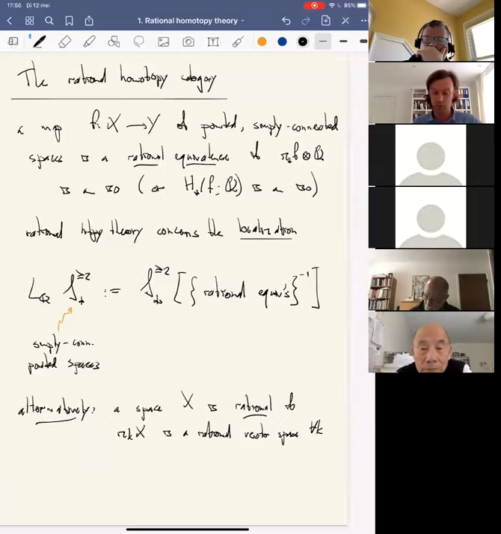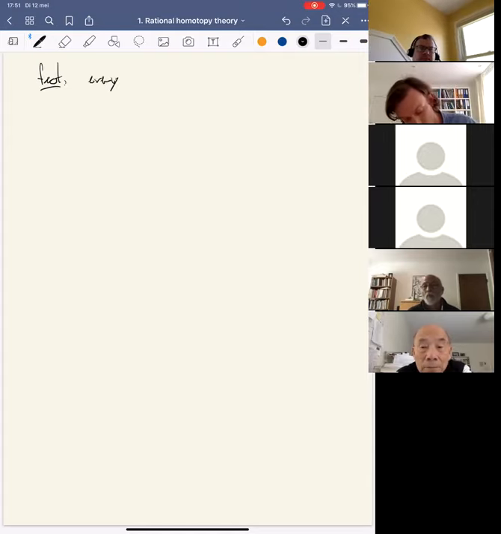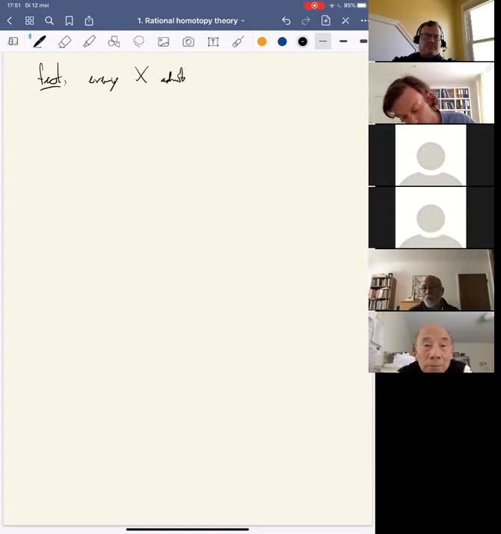Okay, so here are two basic facts, sort of the standard facts that I guess make the theory of localization work. Every such space admits what's called a rationalization.